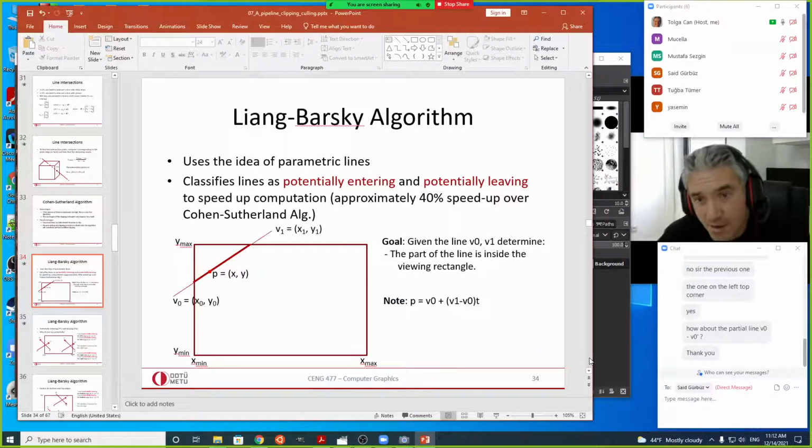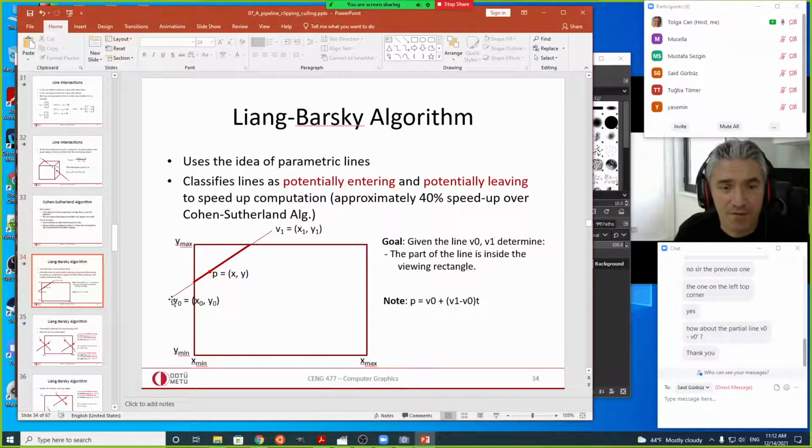Now we're going to jump to an alternative algorithm to Cohen-Sutherland for the same problem. We are still at line segment clipping. This Liang-Barsky algorithm doesn't have these outcodes assigned, but for each boundary, the line is labeled as potentially entering the clipping window or potentially exiting the clipping window by just looking at the x coordinates of v0 and v1.